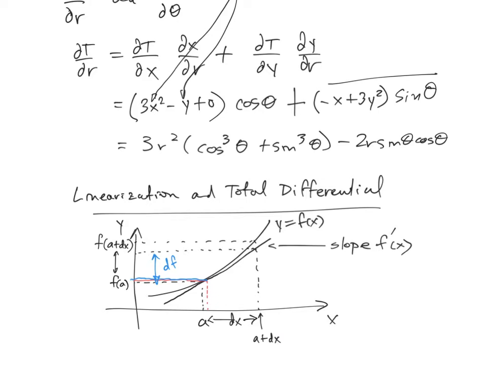And what is df equal to? df is equal to the slope of that tangent line, which is the derivative calculated at an x value of a, times how much x changes, dx. Okay, that's our total differential.